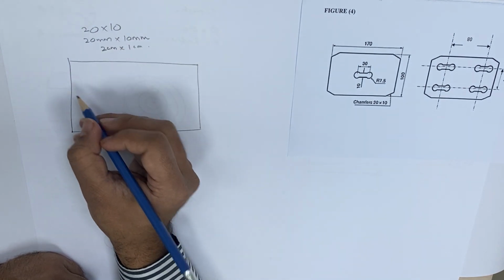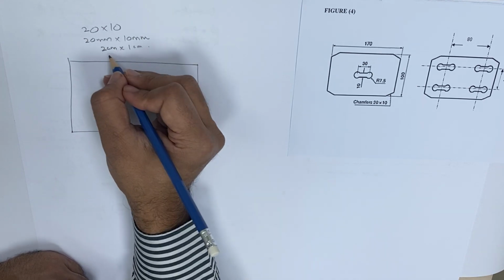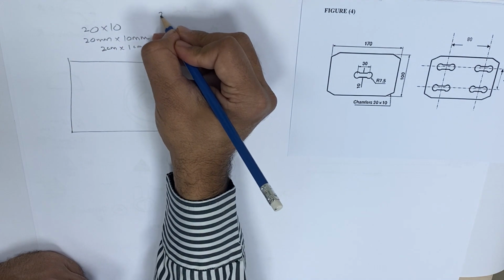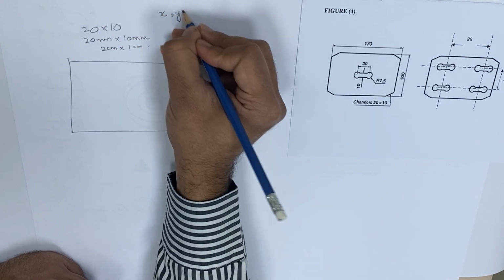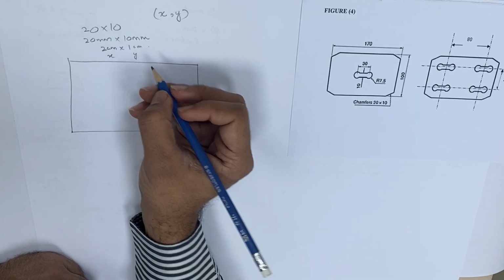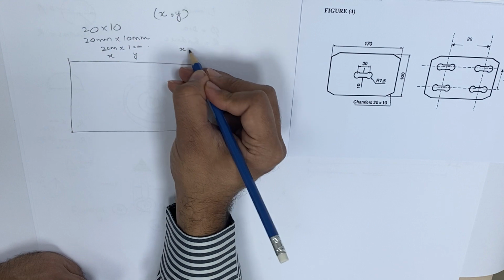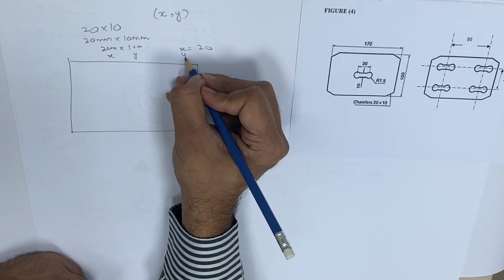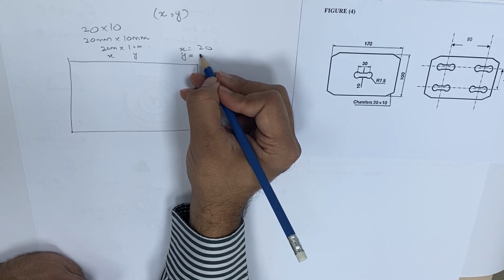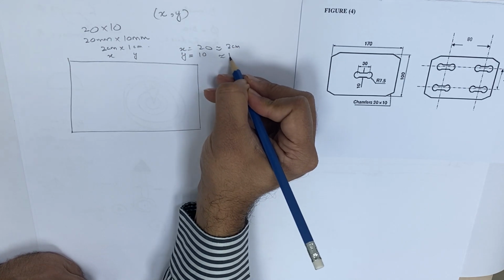In this one, which one is horizontal, which one is vertical? So always write coordinates like x and y. In this one, this is x and this is y. So x direction is the horizontal direction, which is 20, and y direction is the vertical direction, which is 10, or 2 centimeter, 1 centimeter.